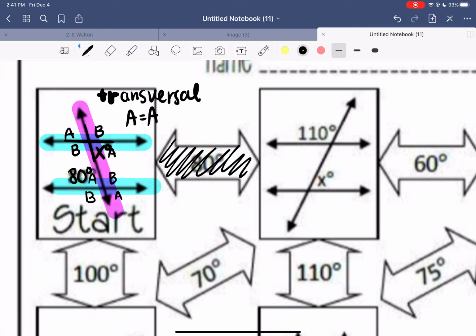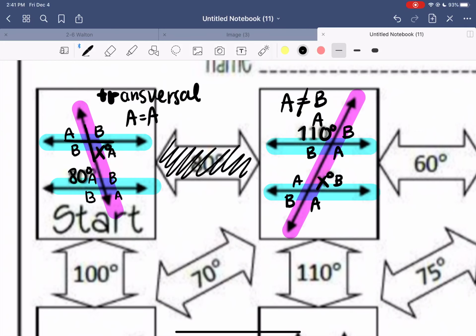So I'm going to do that same thing. We have our transversal that cuts our two parallel lines, so we created our 8 angles. So we have angle A, B, A, B, A, B, A, B. Now we see that this A is 110 degrees, and this X is on a B. So A does not equal B, but we know that A plus B has to equal 180.